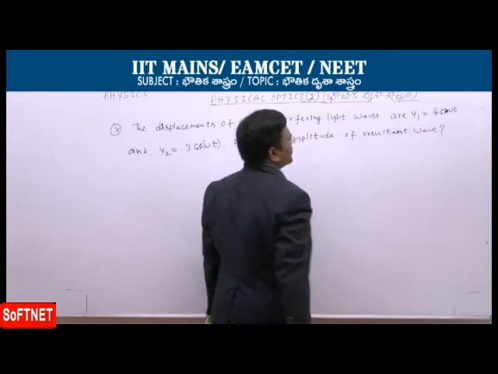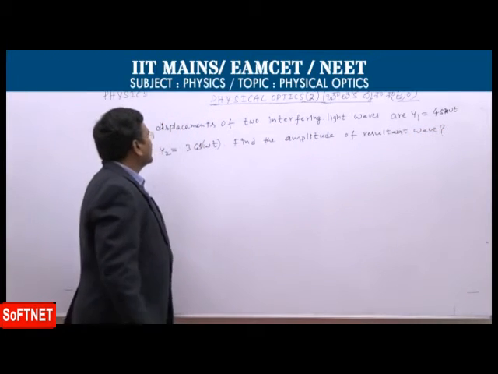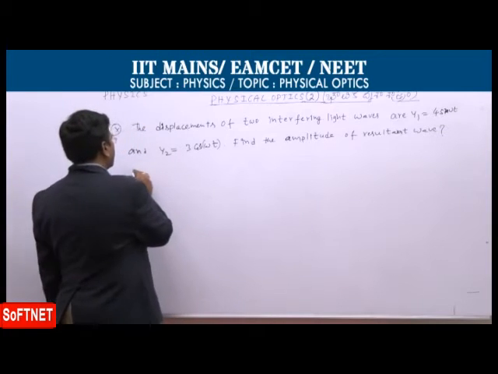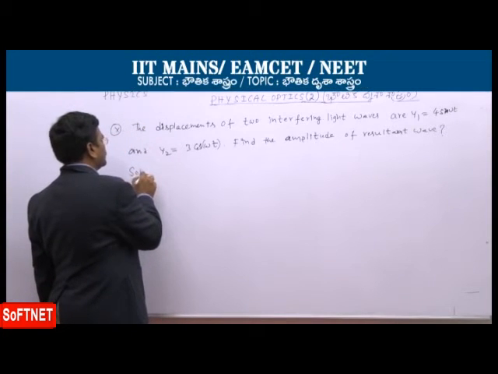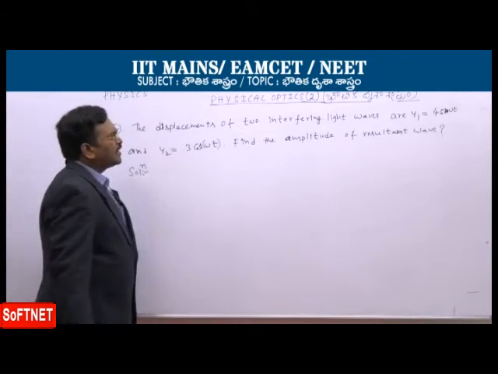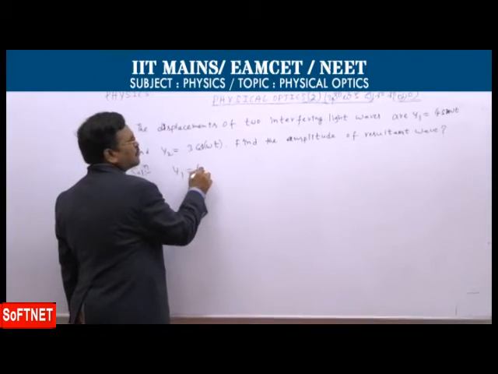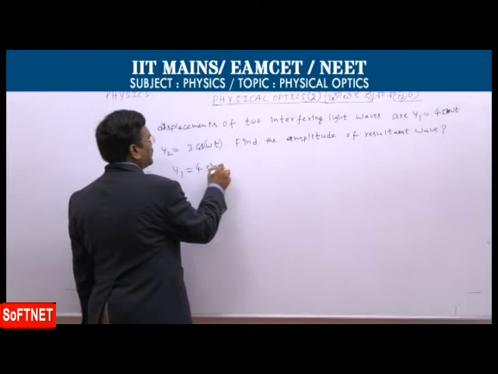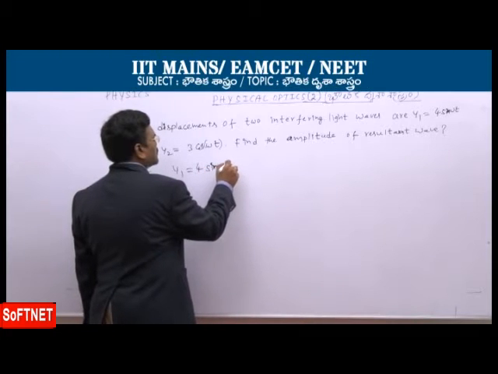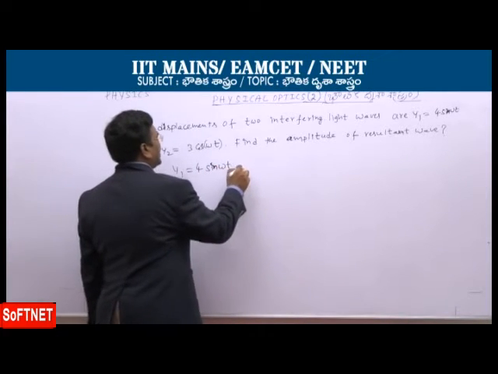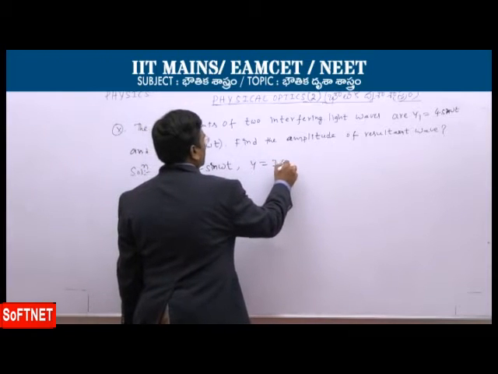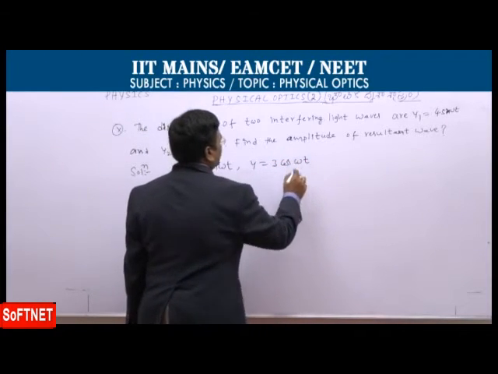We have a question like this. What is given? The displacements of two interfering light waves are y1 is equal to how much? 4 sin omega t, and y2 is equal to 3 cos omega t.